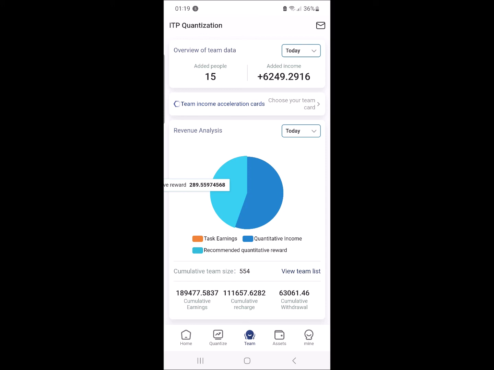On the light blue, that's my team commission, 289. So that totals up to just over $649. Okay, so that's what I'm making per day at the moment.